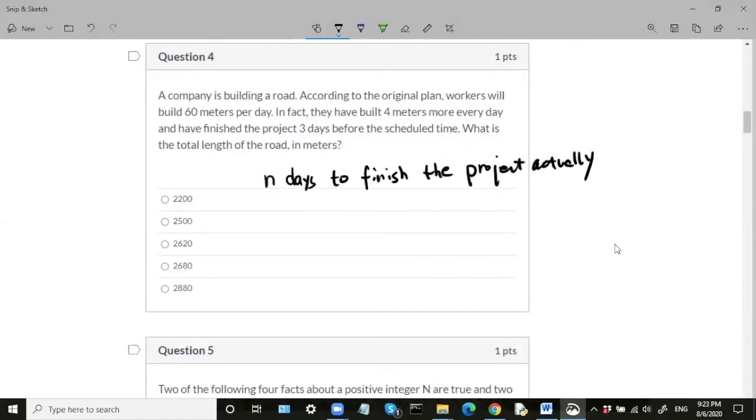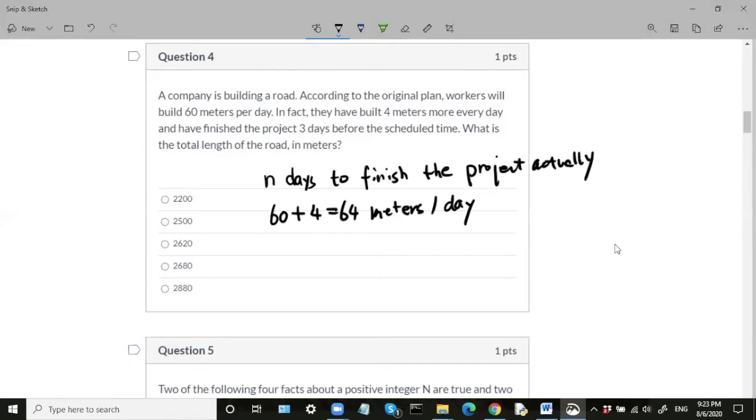Okay, so they actually build 60 meters and 4 more meters every day. So 60 plus 4, 64 meters every day. The original plan is 60 meters every day, but they build 4 meters more every day, so 64.